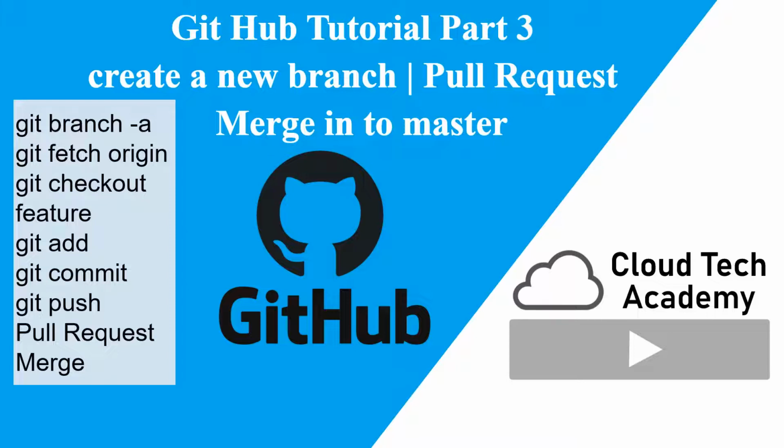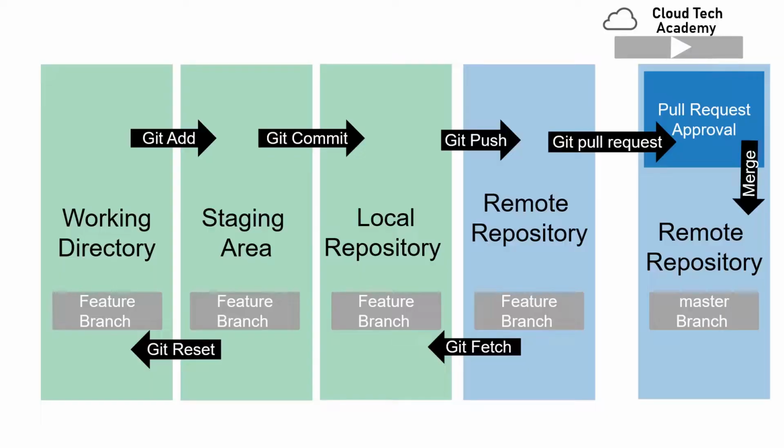In this section we are going to see the second set of git commands. Now we are going to do our first step, which is creating a feature branch in the remote repository. You can even create a feature branch in the local repository and push it to remote repository. But for this video, we are going to create a feature branch in the remote repository and we are going to fetch it to our local repository using git fetch command.